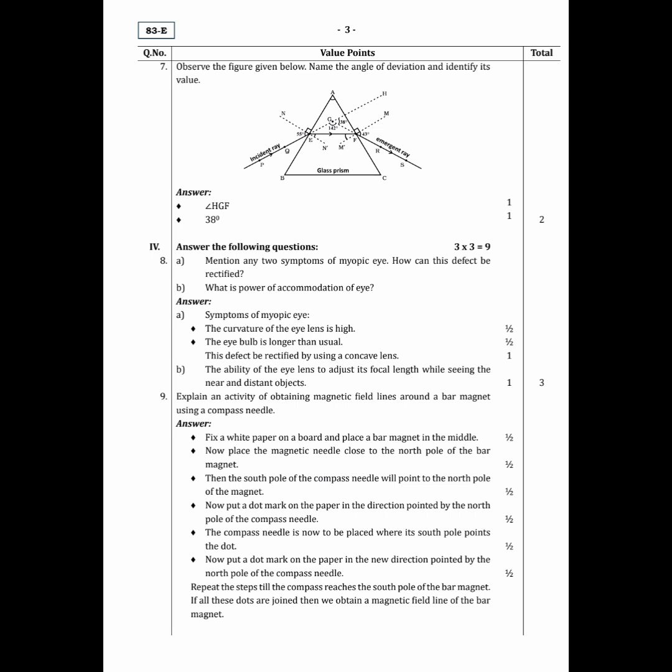Now, put a dot mark on the paper in the direction pointed by the north pole of the compass needle. The compass needle is now to be placed where its south pole points to the dot. Now put a dot mark on the paper in the new direction pointed by the north pole of the compass needle. Repeat the steps till the compass reaches the south pole of the bar magnet. If all these dots are joined, then we obtain a magnetic field line of the bar magnet.